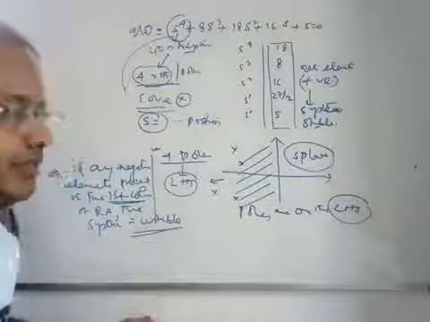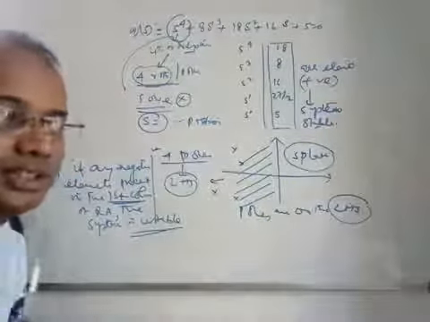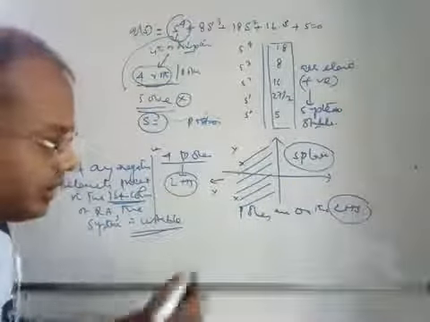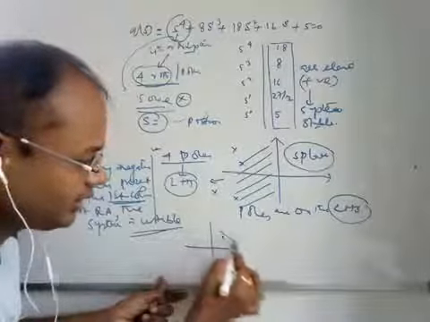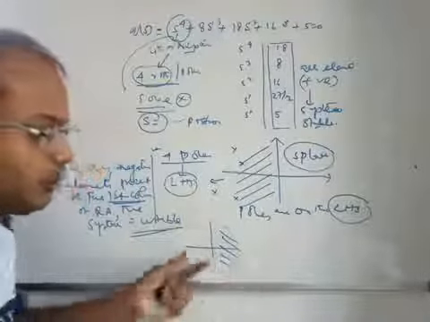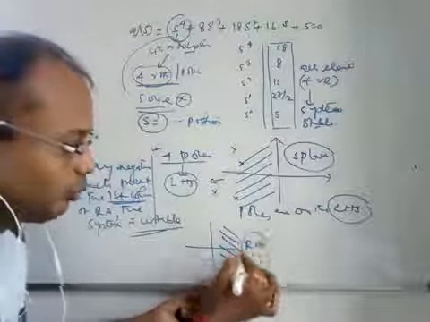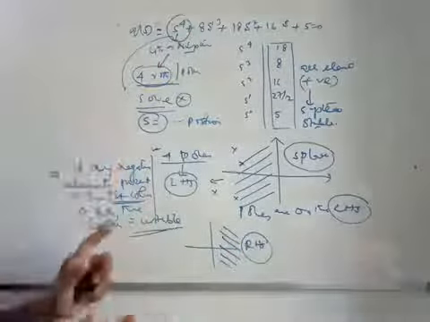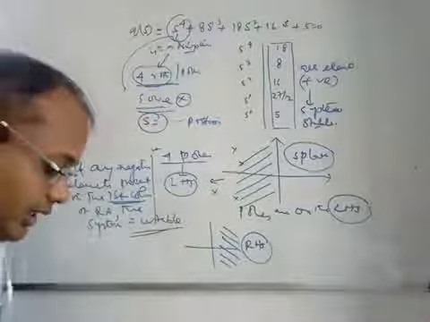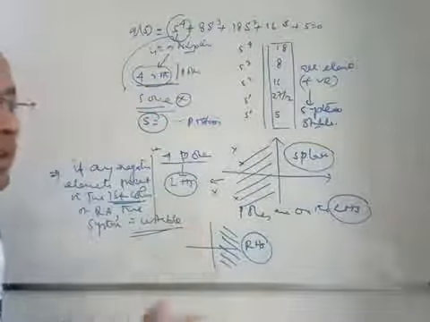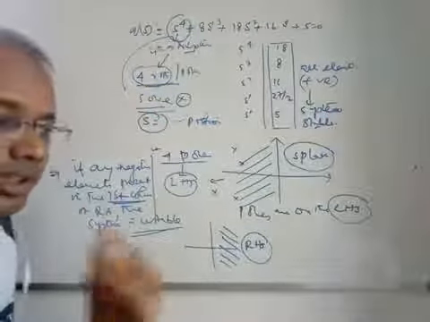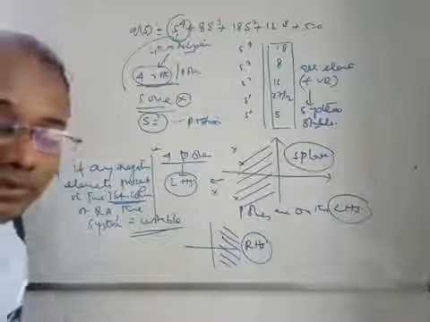And once the system is unstable, definitely there is a certain number of poles on the right hand side. Unstable system means definitely there is at least one pole lying on the right hand side of this plane. So overall, the Routh stability criterion says that from the completed Routh array, you have to check whether any element of the first column is negative or not.